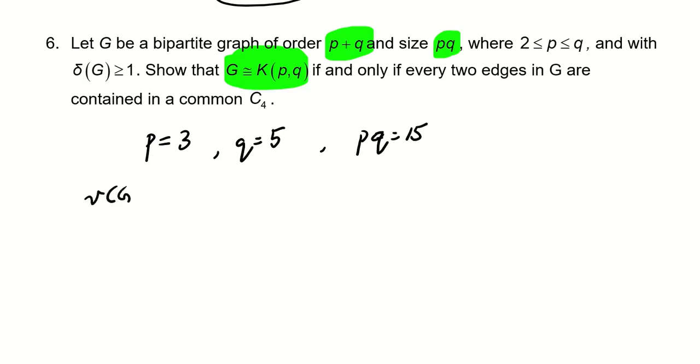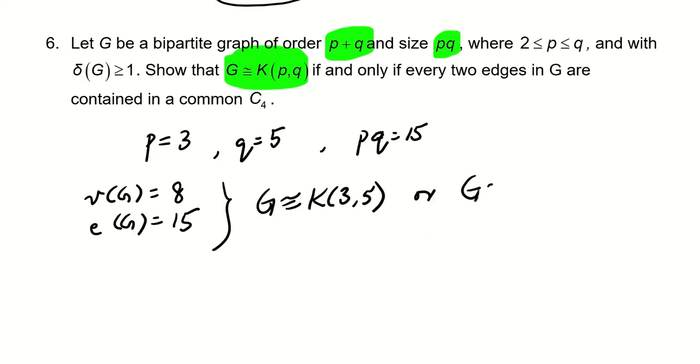The order is 8 and the size is 15. There is more than one bipartite graph with this condition. That is, number 1, K_{3,5}, or G is K_{4,4} with one edge removed.